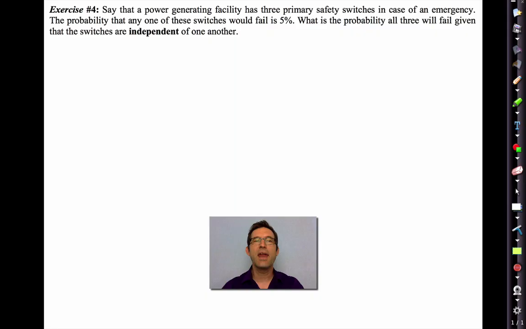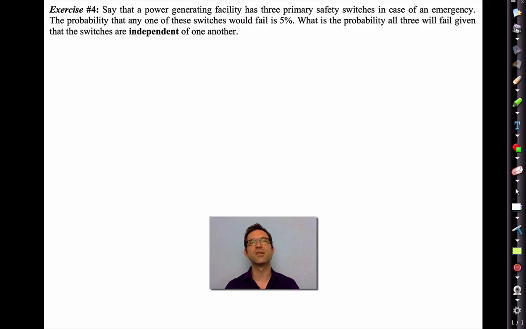The probability that any one of these switches would fail is 5%. Okay, fine. What is the probability that all 3 will fail, given that the switches are independent of one another? Well, see if you can do that. Okay, pause the video now.